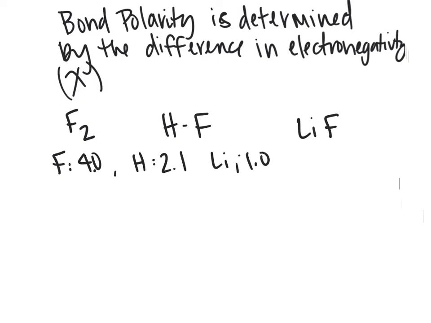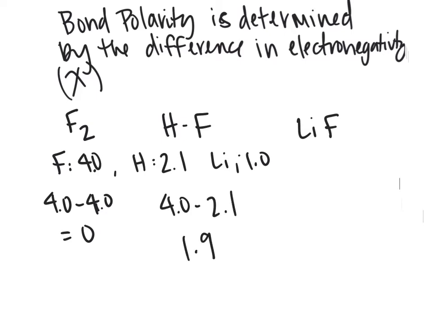When we look at these, we're going to be able to subtract them. For fluorine, 4.0 minus 4.0 equals 0. For HF, we have 4.0 minus 2.1, which is 1.9. And for lithium fluoride, we have 4.0 minus 1.0, which gives us 3.0.